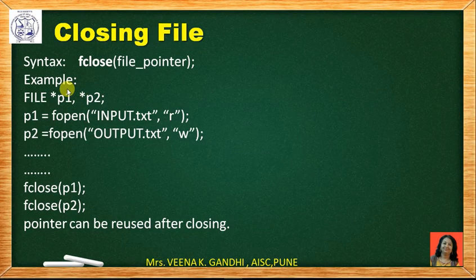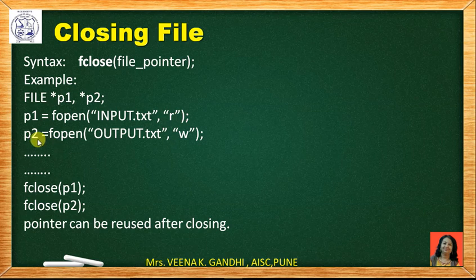Let us see an example of closing a file. Here we declare two file pointers p1 and p2 of type FILE. Then p1 equal to fopen, giving the file name input.txt and opening that file in read mode. So fopen in round brackets input.txt comma r.